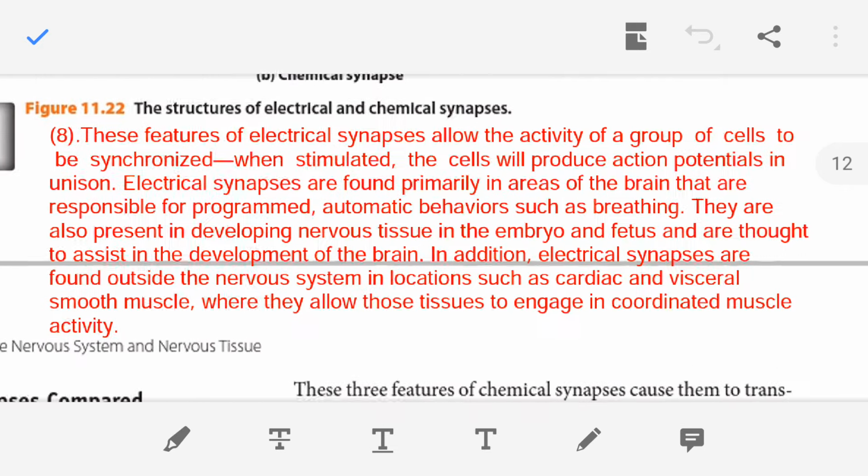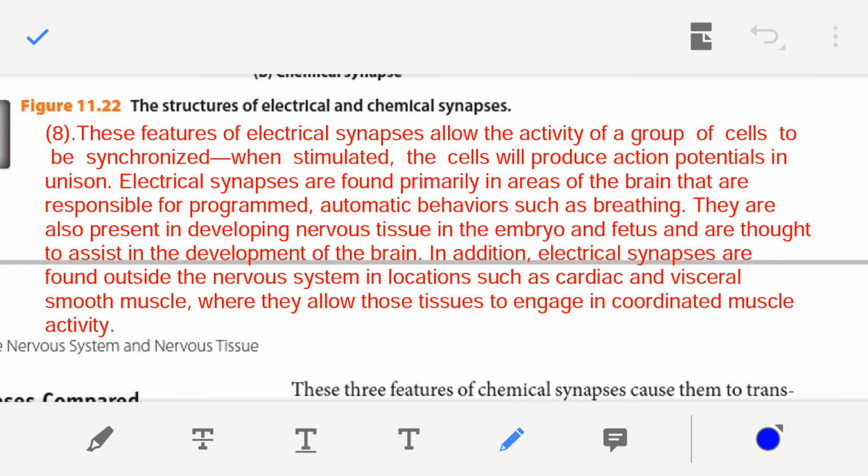Now, the features of electrical synapses. Electrical synapses allow the activity of a group of cells to be synchronized. When stimulated, the cells will produce action potentials in unison.